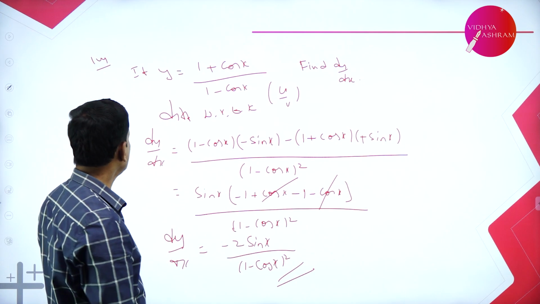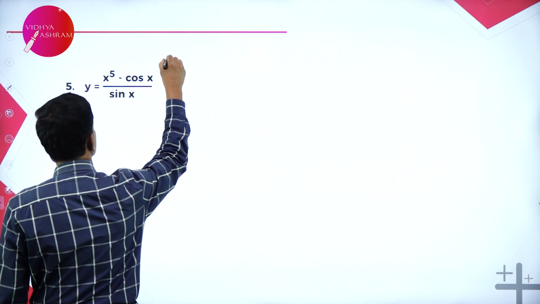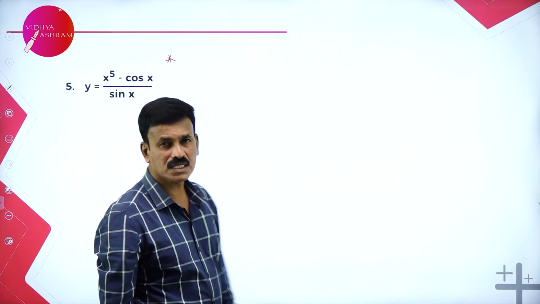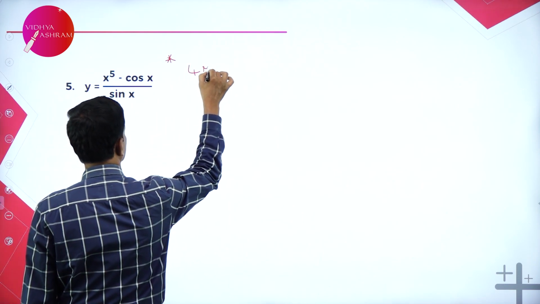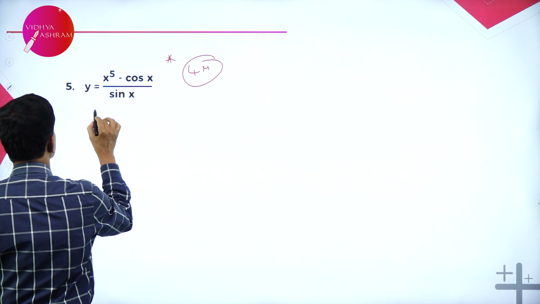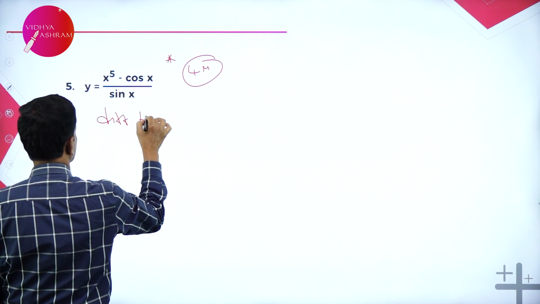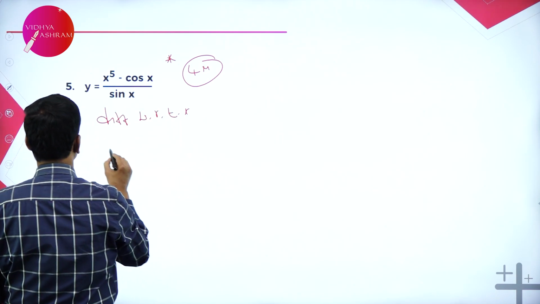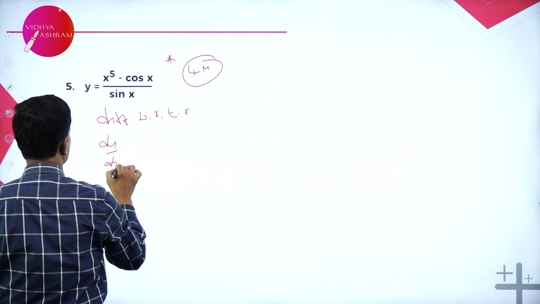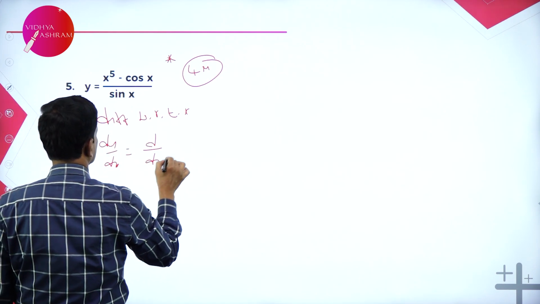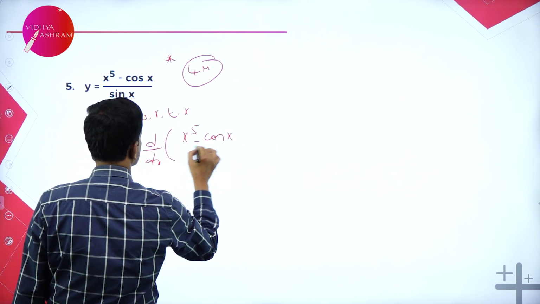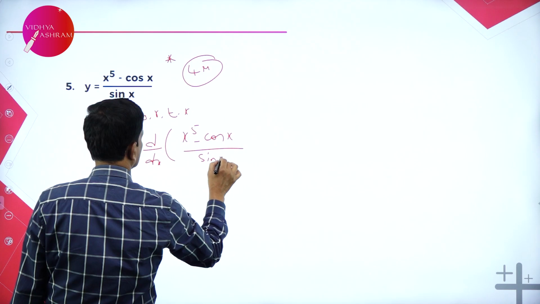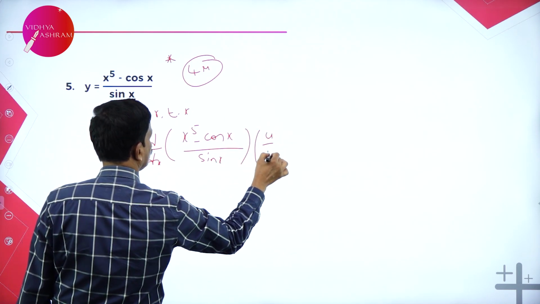Okay. Now move on to the next problem. If y is equal to (x to the power of 5 minus cos x) divided by sin x, you may expect this type of question for 4 marks. Now differentiating with respect to x, dy/dx is equal to d/dx of (x to the power of 5 minus cos x) divided by sin x. Now this is u by v.